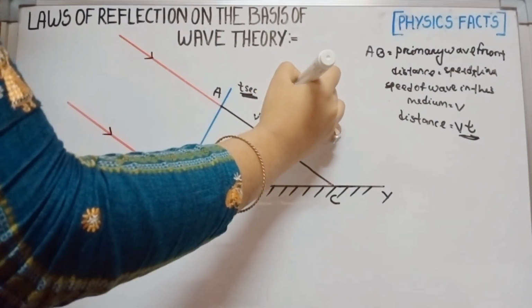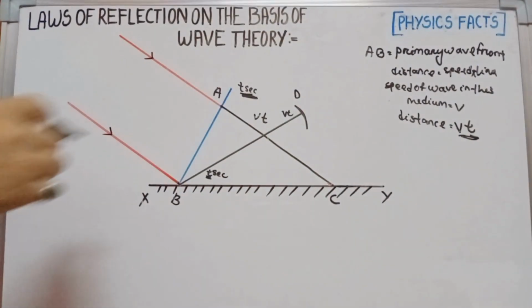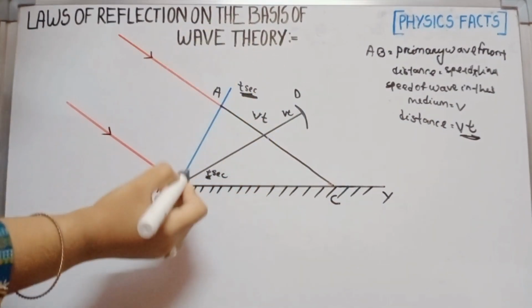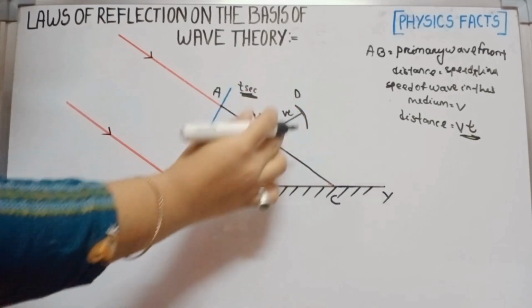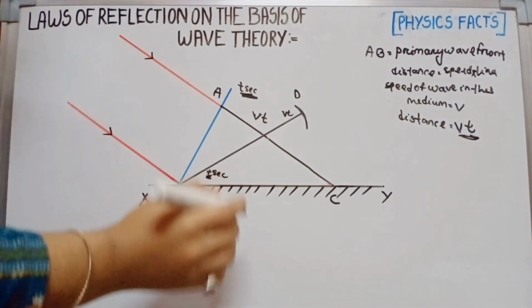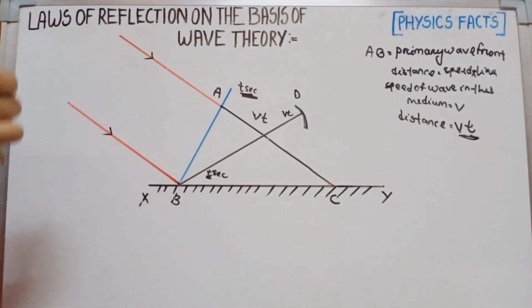Take this new position as D. That means the wave covers the same distance from B to D as from A to C.